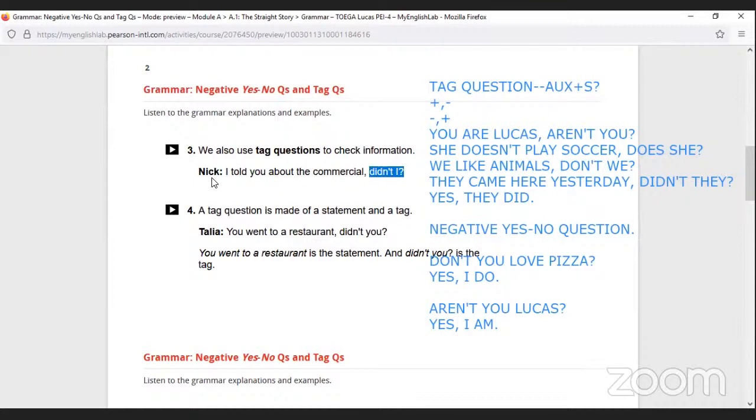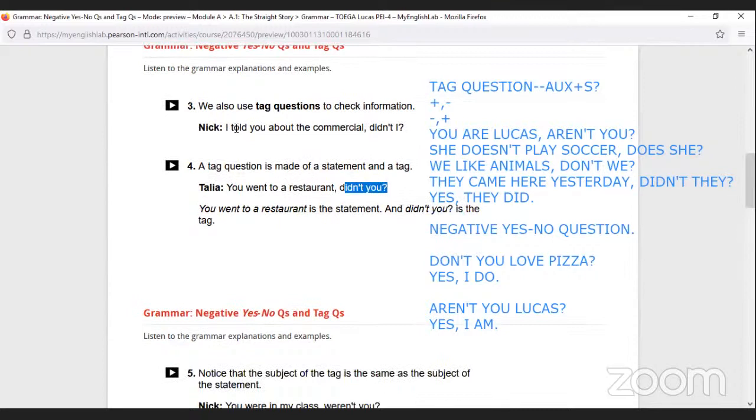In this case, we are using a past statement. I told you about the commercial. As my verb is in past, I have to use the auxiliary in past. Didn't, and the same subject, right? You went to a restaurant, didn't you?